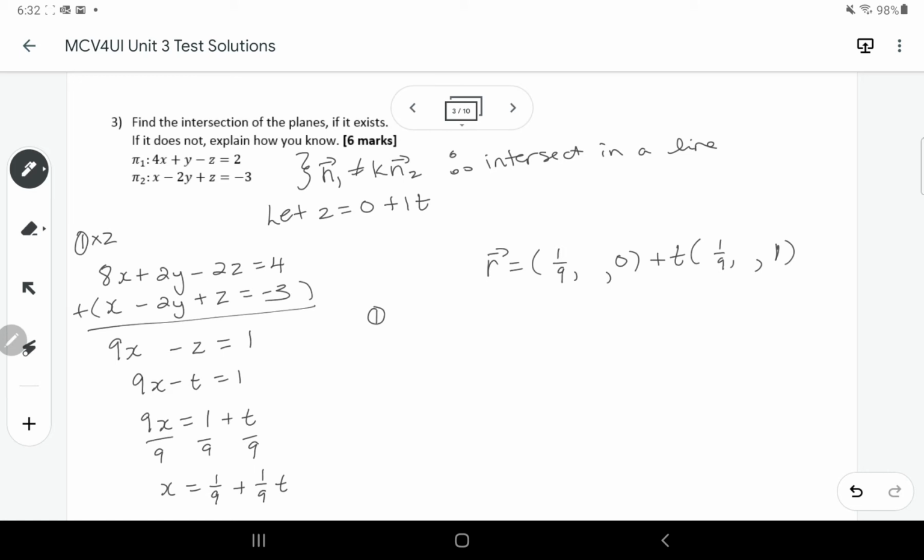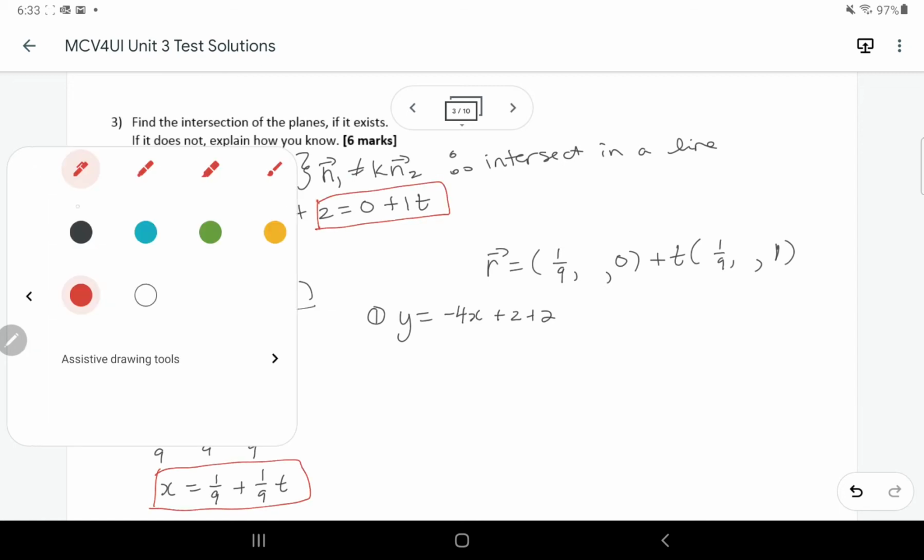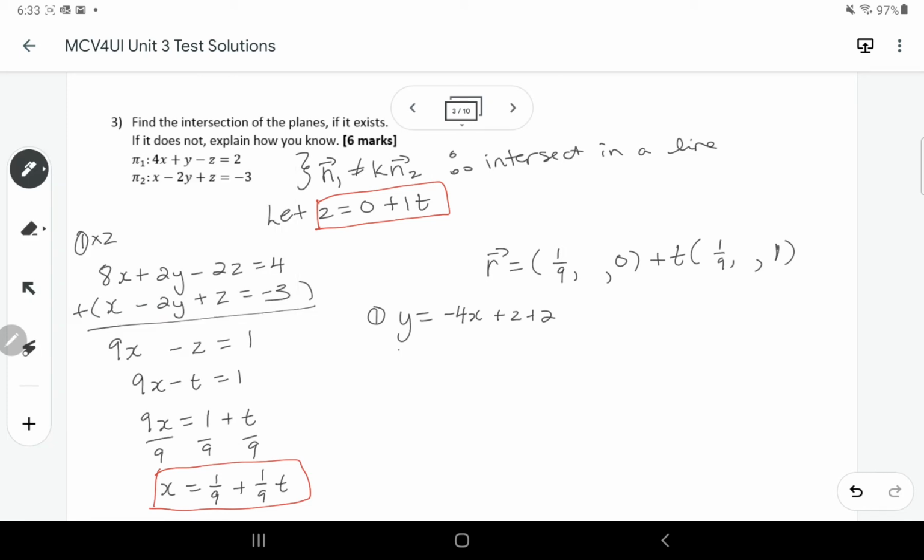Might make my calculations a little bit easier. I'm just going to rearrange it in this step and say y equals negative 4x plus z plus 2. And then I'm going to sub in the x value from here and my z value from here and simplify that out to figure out y.